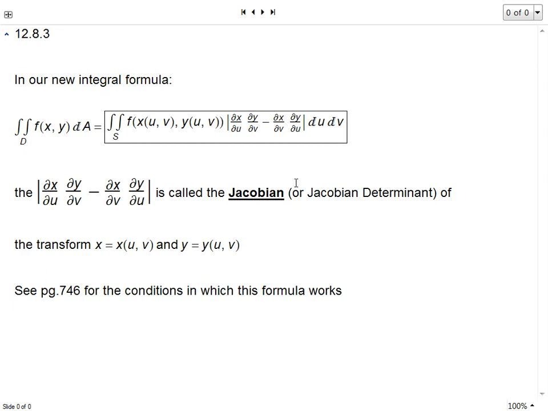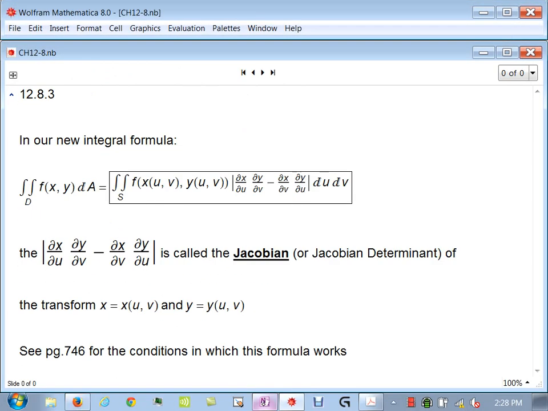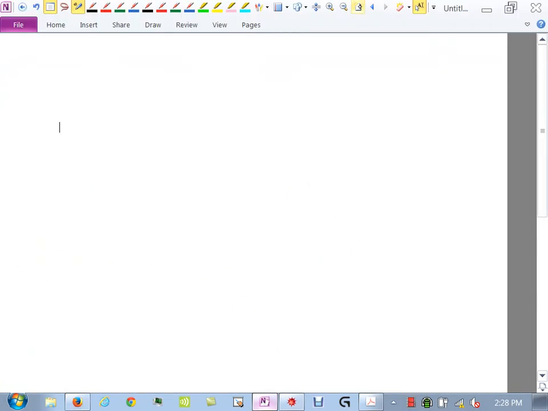Now, they call it the Jacobian Determinant for a reason. Remember what a determinant is, for those of you who've taken some linear algebra. If someone gives you a matrix A, B, C, D, the determinant is equal to AD minus BC.